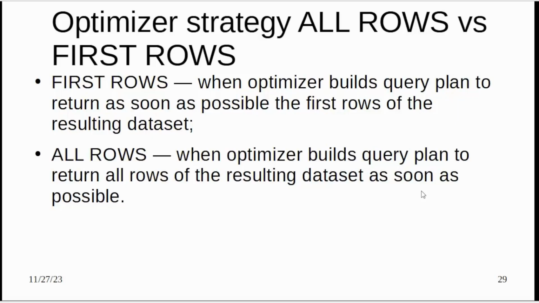And all rows is when the optimizer builds a query plan to return all rows of the resulting dataset as soon as possible. Internally there are differences in data sources, where there could be conveyors and buffered ones, but all these details are better read in the article.